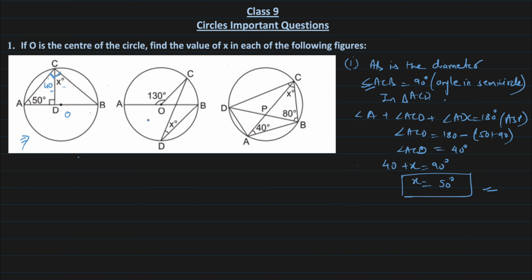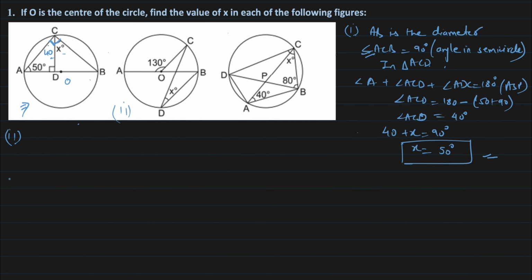Now, in the second part, what do you observe? AOC and COB make a linear pair, so they both add up to 180. So I can say COB will be 180 minus 130, 50 degrees.